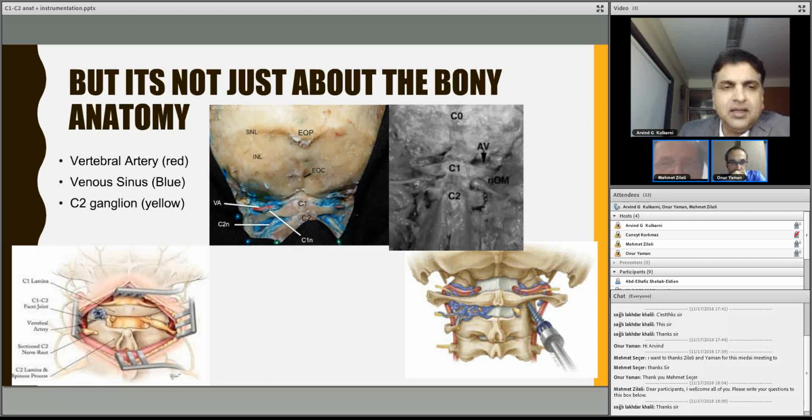And like everywhere else, there is a traffic signal here in terms of red, blue and yellow. So this we should always be worried about. So the red is the vertebral artery. At every step, we should be conscious of the vertebral artery anatomy.